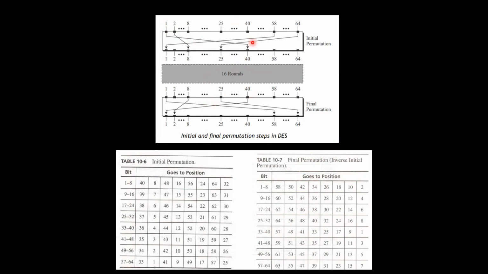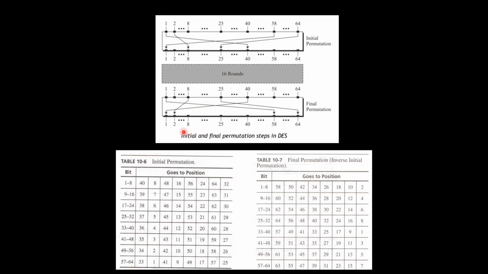You can look at this diagram. Bit at position number 1 went to output position 40 during the initial permutation. And after the 16 rounds of encryption, the bit at position 40 came back to position 1 of the output.